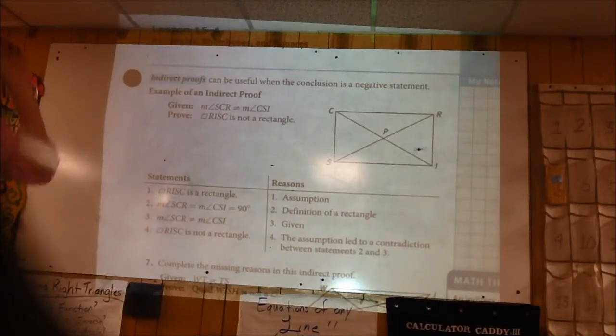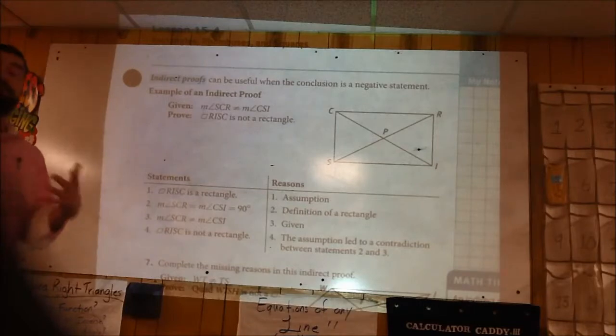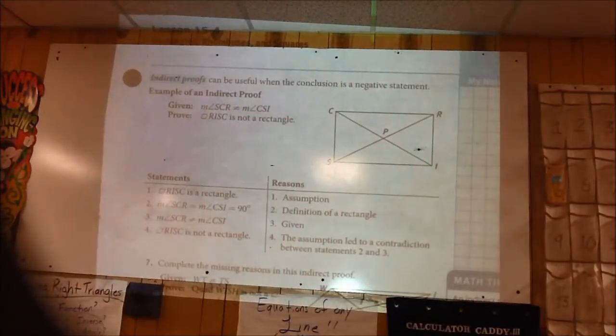Let's just try to figure out regular proofs, and then maybe we'll move on to indirect. Indirect is where you make some assumption about the diagram, and then you get to a contradiction where you contradict yourself, and if you come to that contradiction, that means that your original statement must be false.